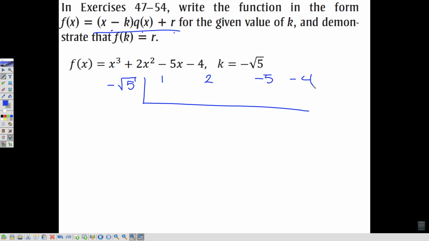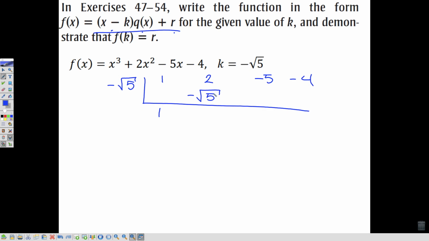Leave room for over. So I'm going to drop the 1. 1 times negative square root of 5 is negative square root of 5.